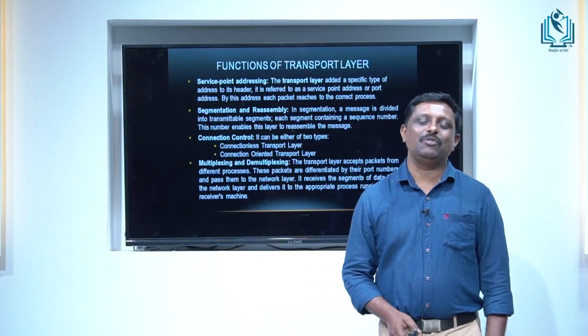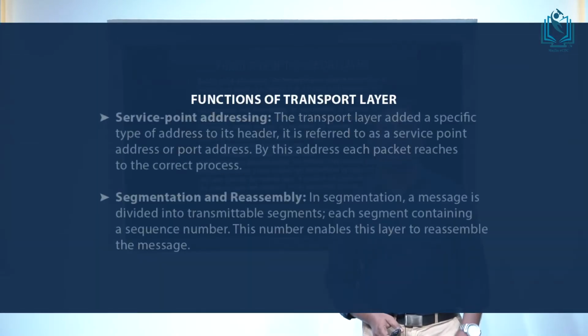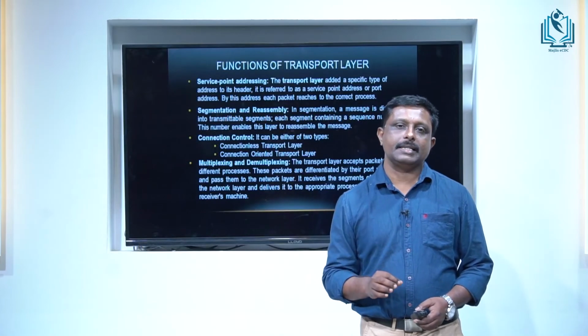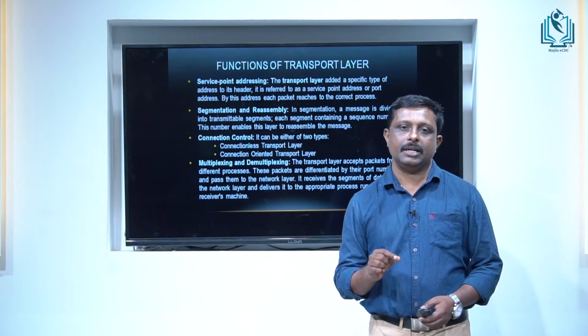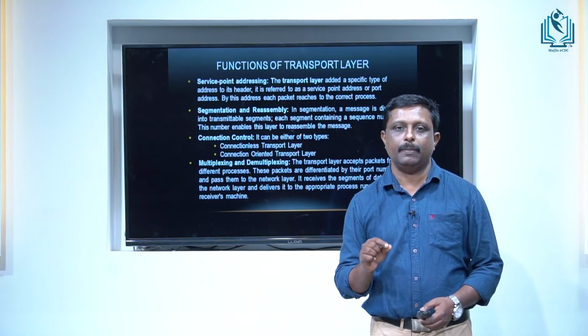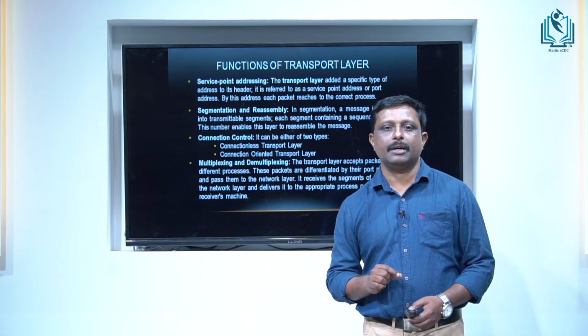The main function of the transport layer is service point addressing. Service point addressing means port addressing. Port addressing: a port number is a number which is used to identify a process in the host computer.